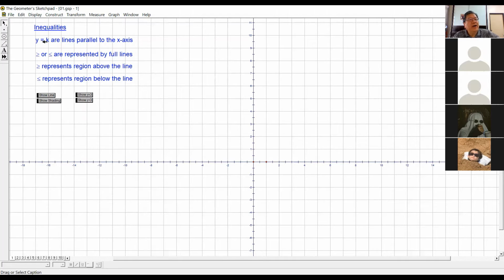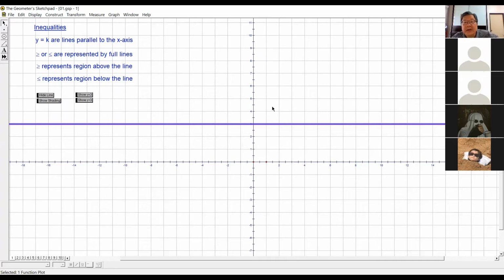Lines y equals k are lines parallel to the x-axis. This blue line here is parallel to the x-axis. The name for this line is y equals a certain number.